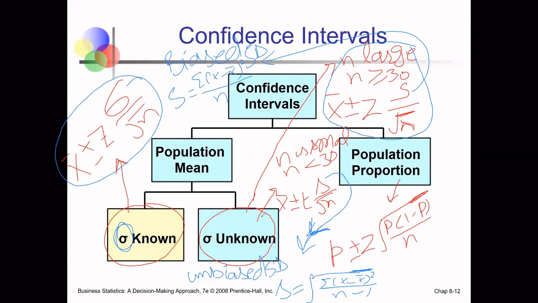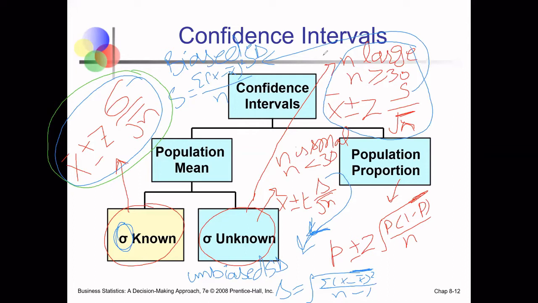The first method suggested is when sigma is known. When sigma is known, we just apply the formula x bar plus minus z sigma by square root of n. This formula belongs to two-sided, two-tailed, because we are going to find out both the left side and the right side.